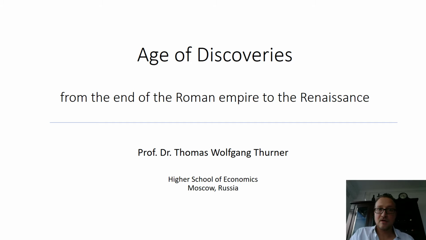Some argue in technological terms and say with the beginning of the widespread use of black powder, which leads to the demise of the knight as a central figure in medieval societies.